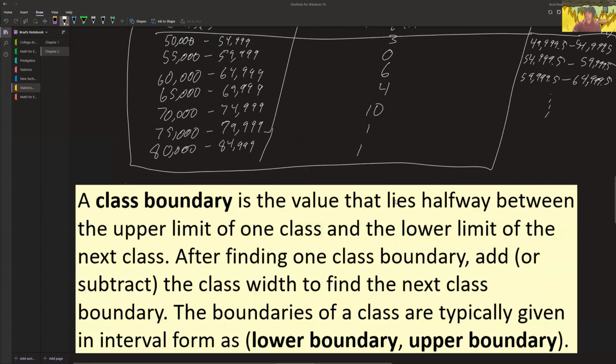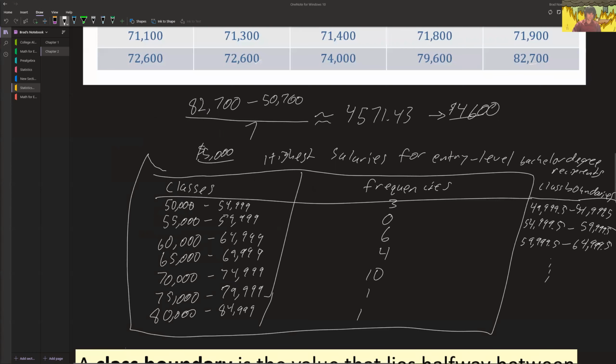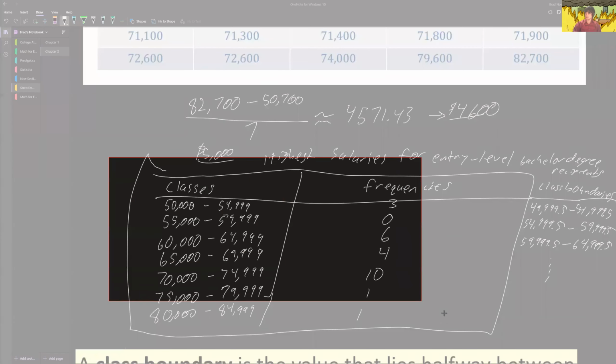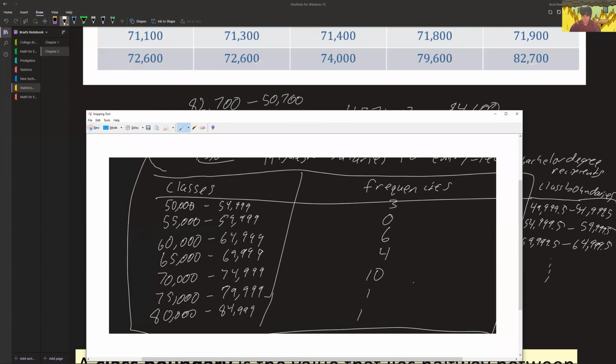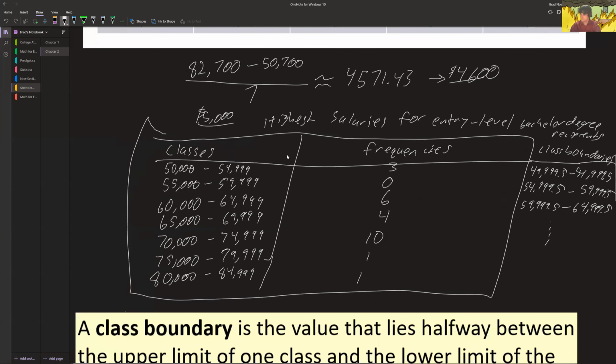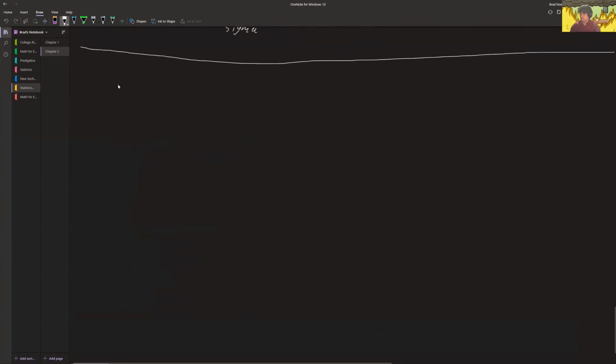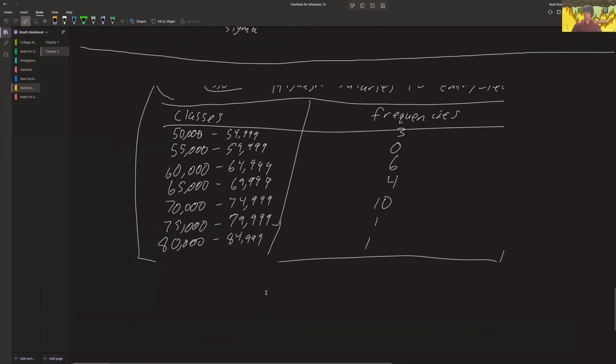Okay, so for these here, let me go ahead and just screenshot this so that I can work with it. Okay, so if I am taking a look at these here, first what I'm going to do is find out what my total frequency, or my sample size, is.